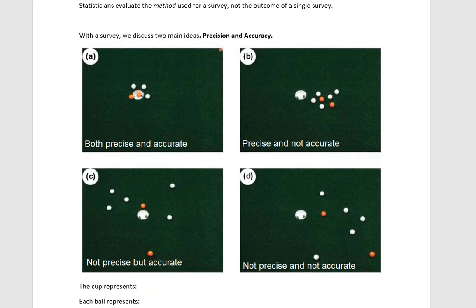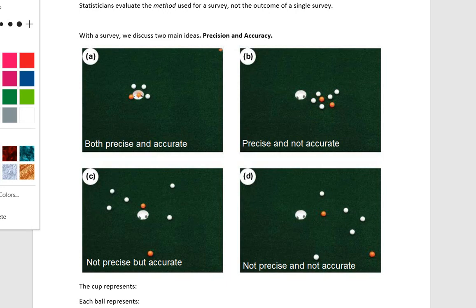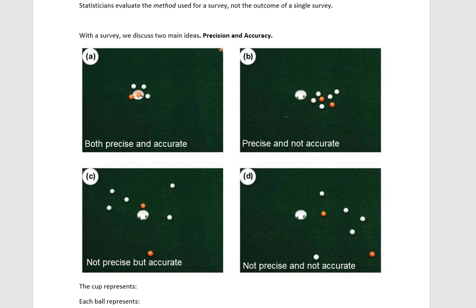So what we have here, we have golf balls, okay, and we're trying to get them in the hole. On the first one, we have a survey that is both precise and accurate. What that means, if we look at this, is each golf ball represents a survey, and the hole represents the actual population.